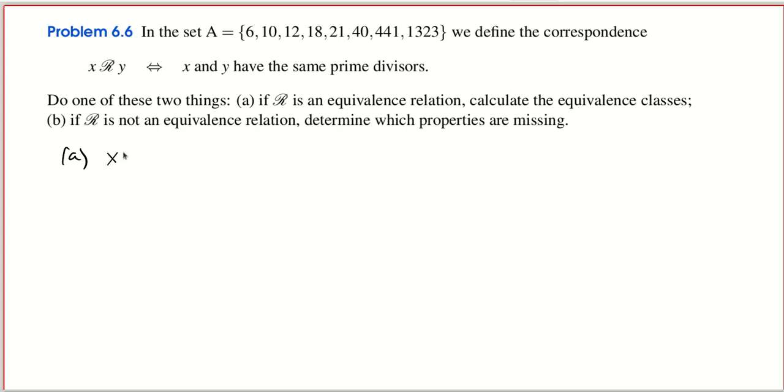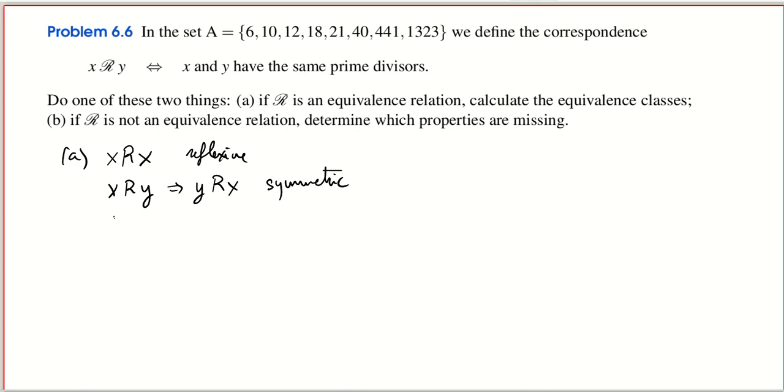First, of course, x is related to x because x has the same prime divisors as x, obviously, so it's reflexive. Then if x has the same prime divisors as y, then of course y has the same prime divisors as x, obviously, so it's symmetric.